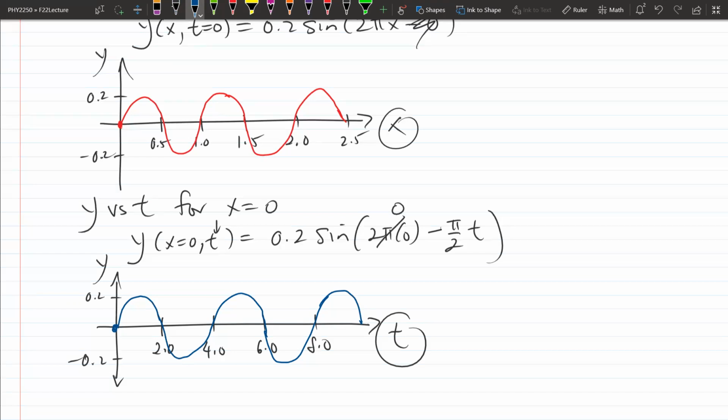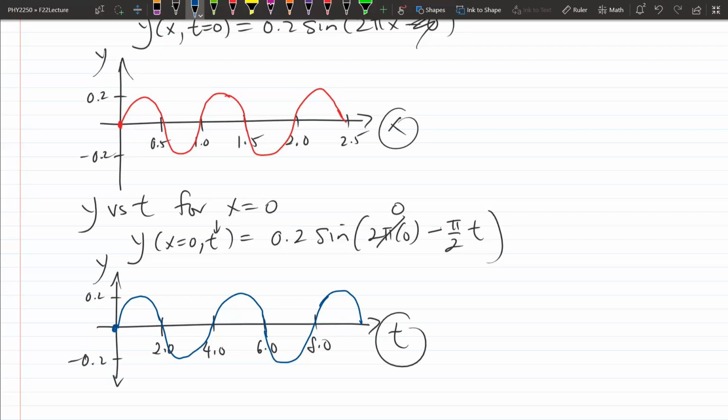The red line is showing you, as the wave progresses, how it actually depends on the position. So that's the idea for these two graphs. And it's important to have both because you have a function that has two variables, so you have to make two graphs in order to indicate how they depend on both of those variables. Okay, question?